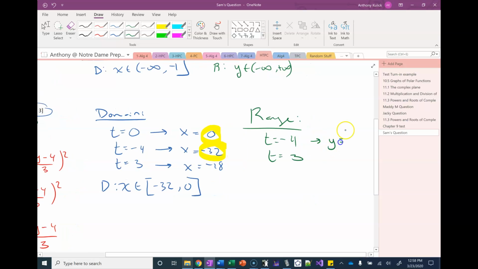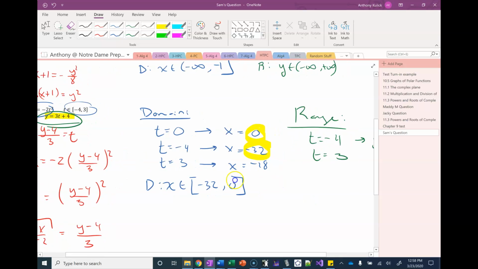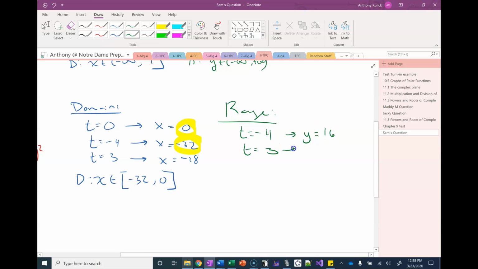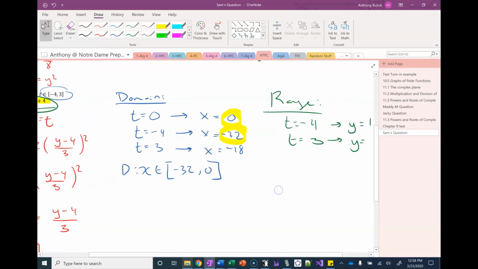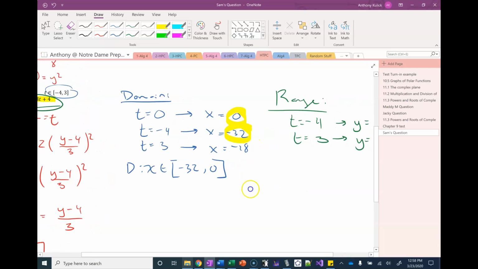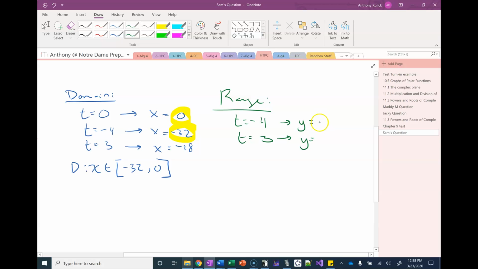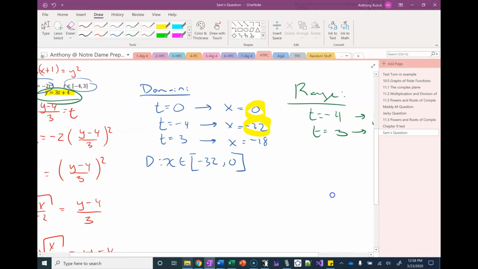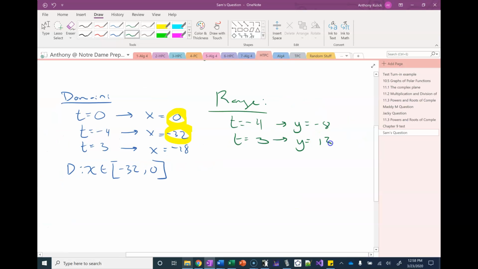So when I plug negative 4 in for t, I get negative 8. Oops, I said 16 at first, but that was a negative 4 I was plugging in, so that should be negative 8. And then when I plug 3 in, I get 3 times 3, that's 9, plus 4 is 13. So my range is from negative 8 to 13.